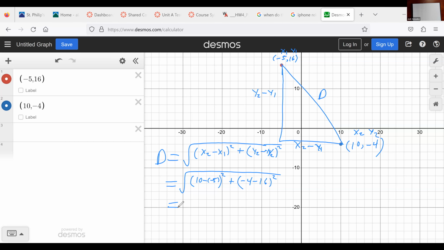So what is this number? 10 minus -5 is 10 plus 5, which is 15. 4 minus 16 is -12. What is that distance? You gotta add them up first.